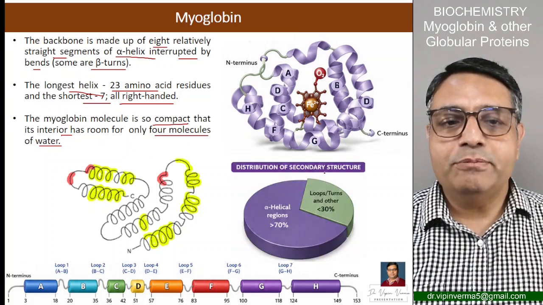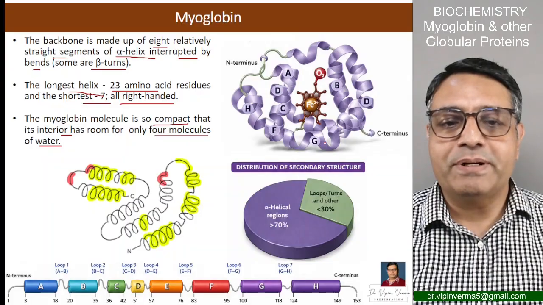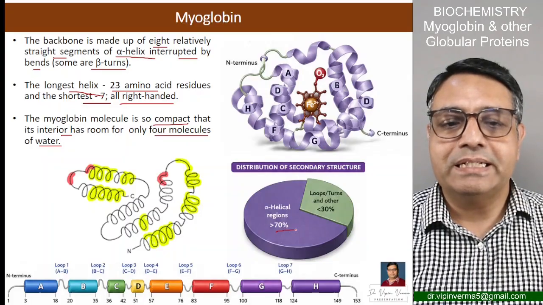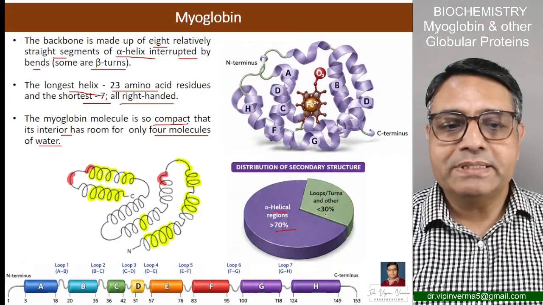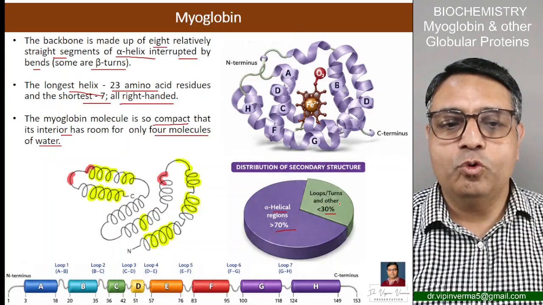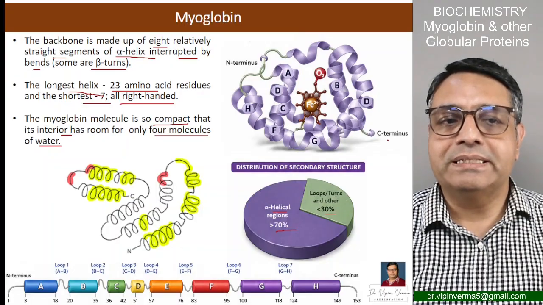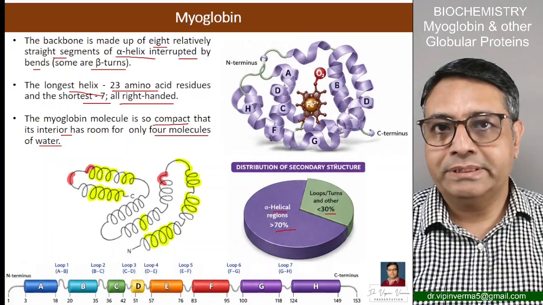Now, if we see the distribution of the secondary structure in this particular protein, then 70% of the residues are present in the alpha helical regions, while 30% of residues are present in the loops or turns and some other places like the terminal portions here.